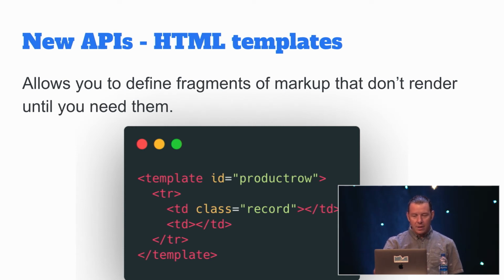You also get a new API to create templates. This is a fragment of markup that you don't render when the page loads, but when you need it. You've probably seen this problem solved through Handlebars and Mustache and jQuery templates and a million other ways people have been doing that. Now it's a standard on the web, and if you use Vue.js, they do a very similar thing.